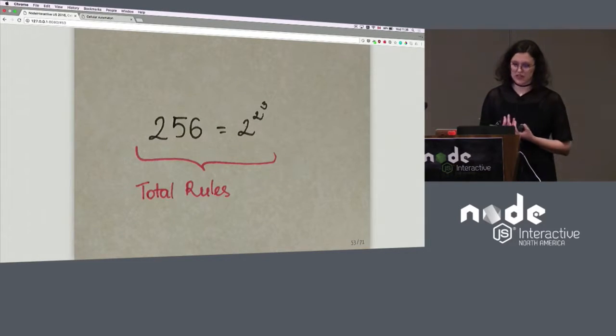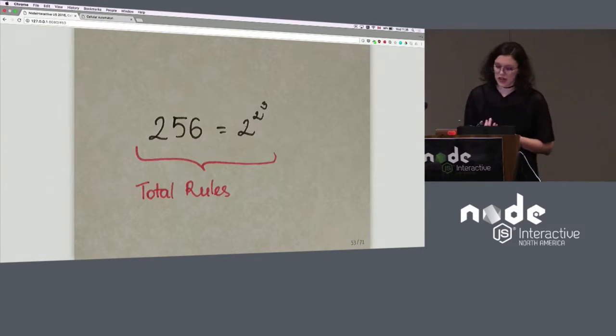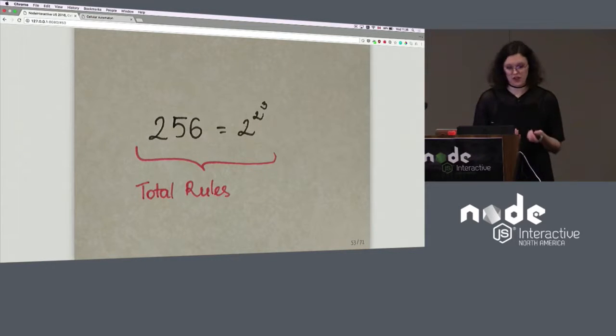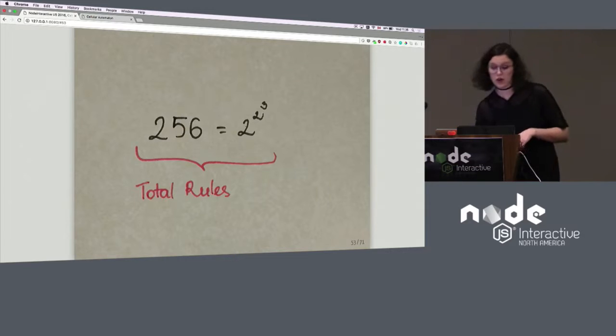Wolfram said that because we were dealing in 8-bit binary, there are only 256 different rules that you can follow. Because there are 2 to the power of 3 different neighborhoods, and 2 states that a cell could be, we have 256 different rules that a cell could follow. I wanted to take all of them into account when building this out initially.